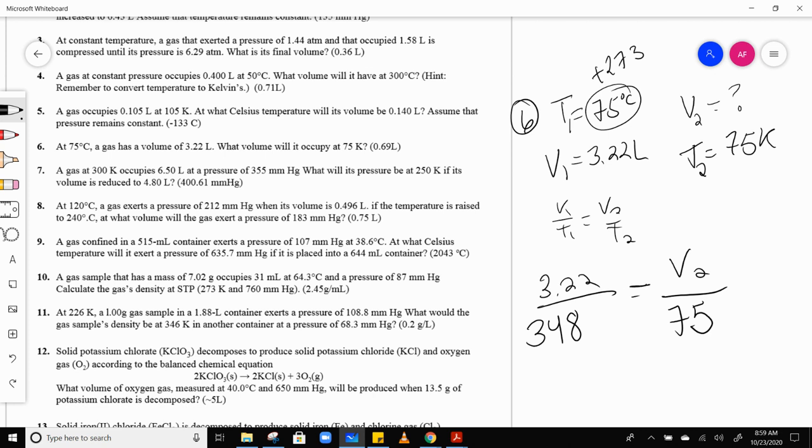Again, we got to solve for V2, so multiply both sides by 75. So that cancels. V2 equals all this mess here, 75 times 3.22 divided by 348. So you get 0.7 basically.